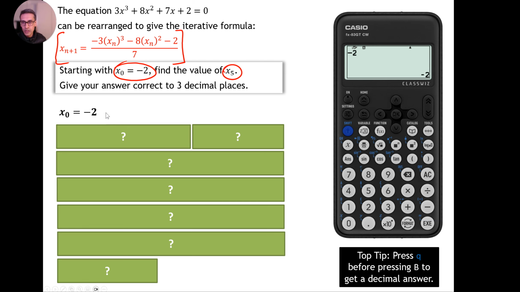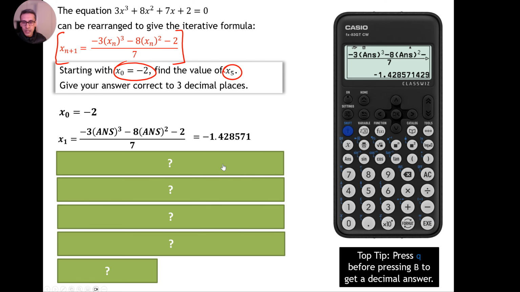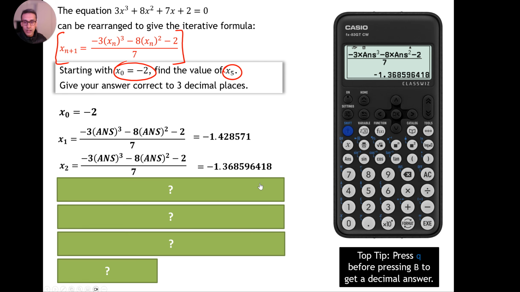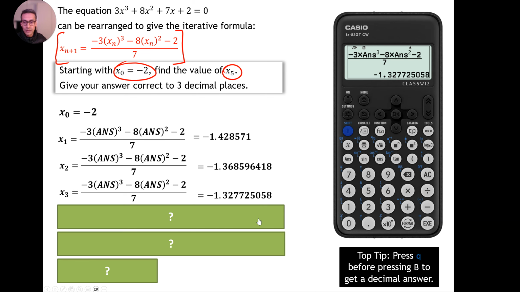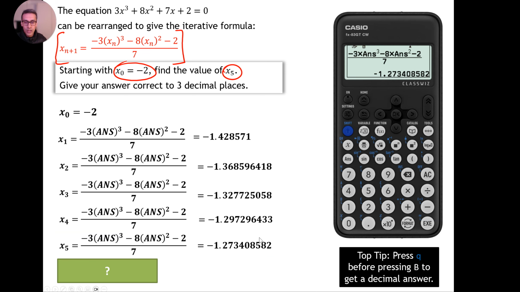So we know the first term is -2 because that's given to us, and then you should get -1.428, and then -1.36, -1.32, and up to x5. And then you can see it's going to be -1.273 if you're giving it to 3 decimal places, as it states.